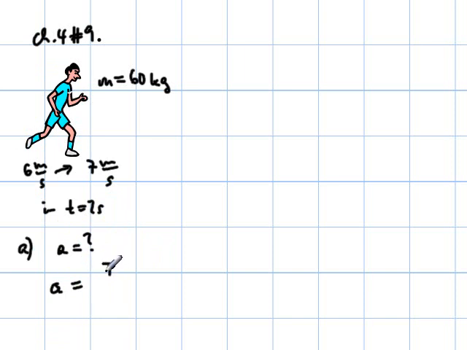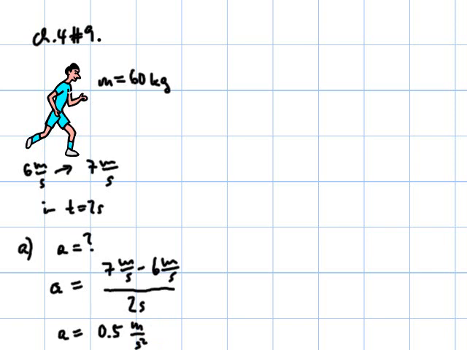So a change in velocity would be 7 meters per second minus 6 meters per second divided by the time interval of 2 seconds. 7 minus 6 is 1, divided by 2 is 0.5, and the units are meters per second squared.